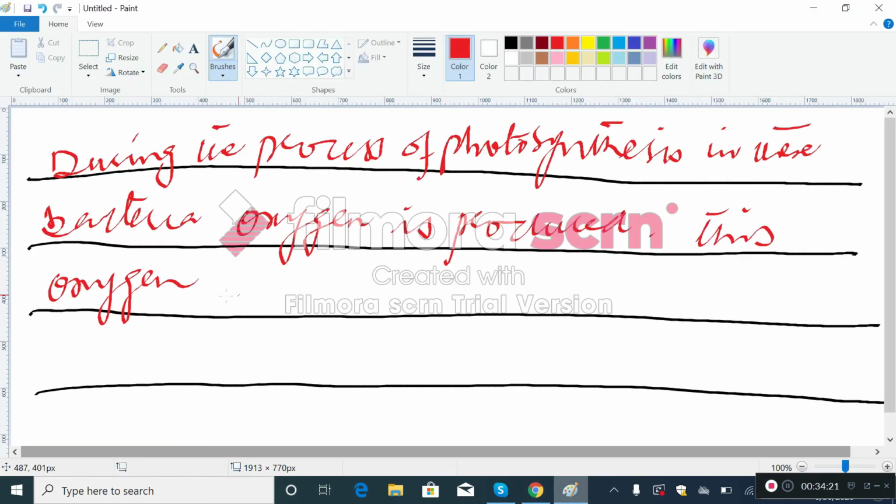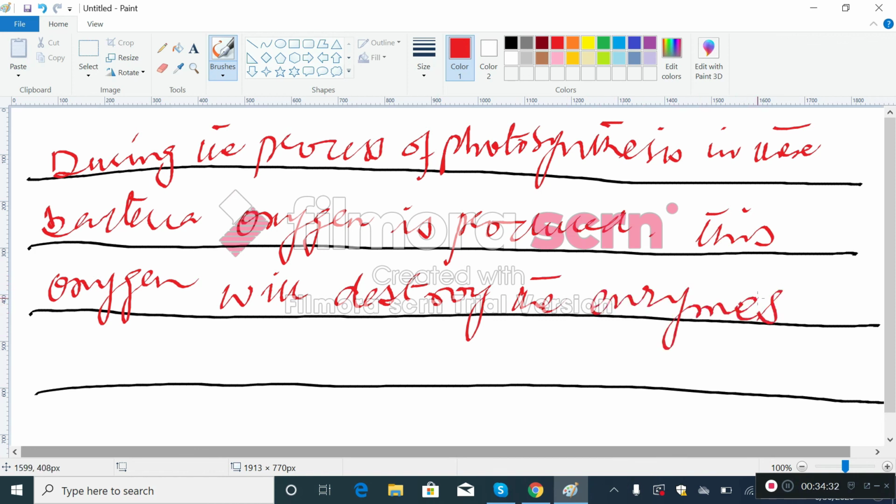So when these enzymes are destroyed or denatured, they cannot carry out the process of nitrogen fixation. So this is the answer that you have to write in this section.